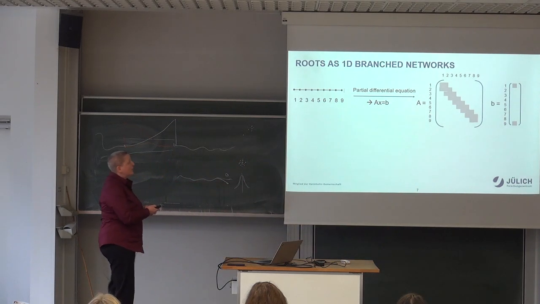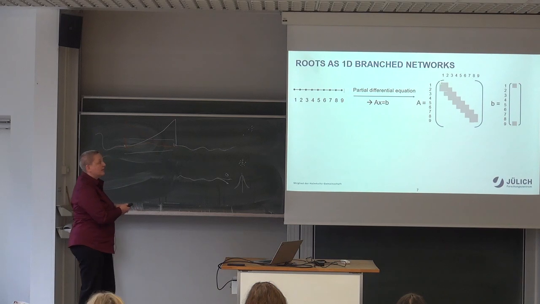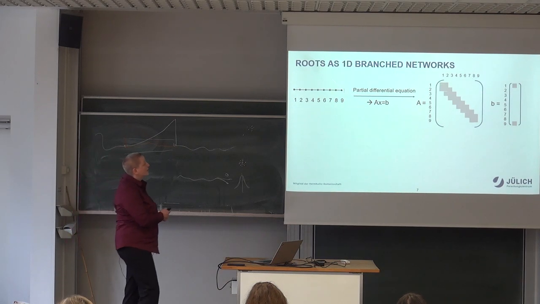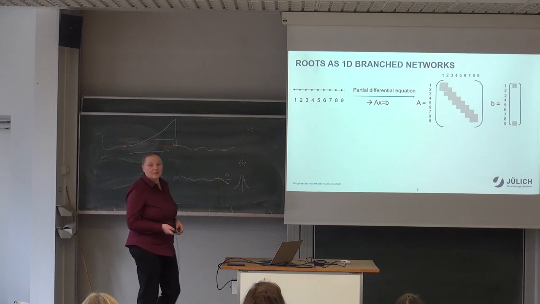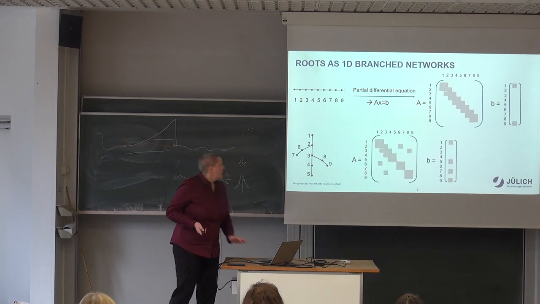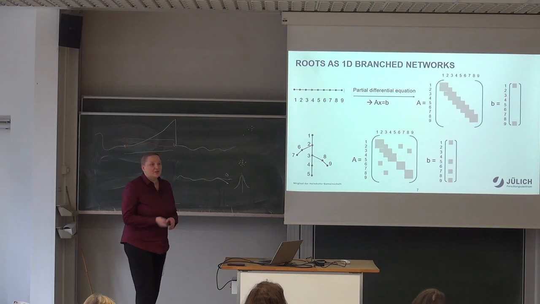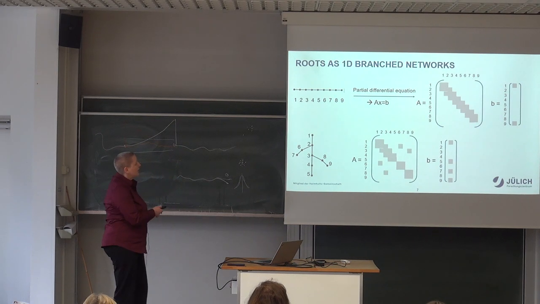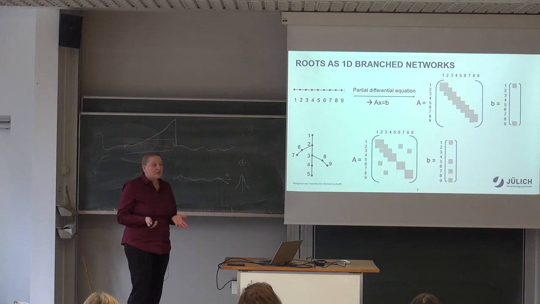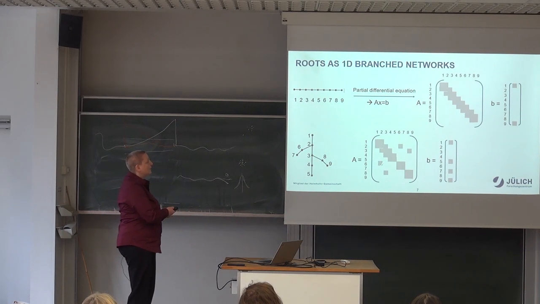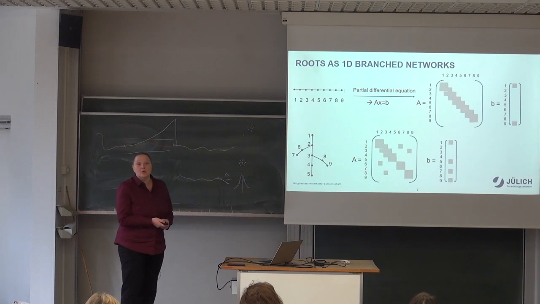And normally we will end up with this kind of tri-diagonal matrix here for the matrix A. The boundary conditions, that would be the nodes 1 and 9 here, are represented in this vector b at the first and the last entry of this vector. And if we have a branched one-dimensional structure like this one, then our matrix will no longer be tri-diagonal or diagonal in general, but will depend on the connectivity of the nodes.